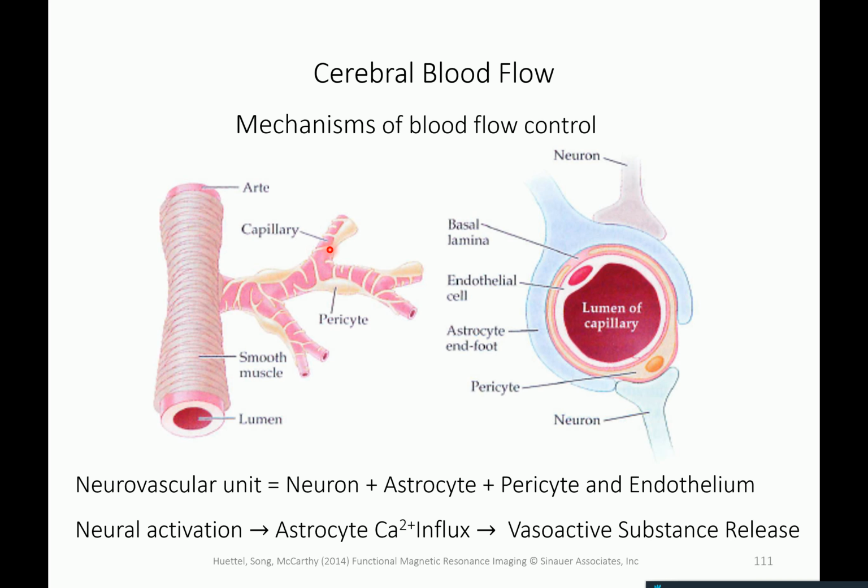Of course, these are kind of biological concepts that result from, first of all, looking at the histology and basically seeing that, okay, there are neurons and very close there are capillaries and very close there are also these pericyte cells. So this might have some functional meaning. And then trying to figure out what kind of mechanisms are potentially able to create these neurovascular coupling processes.